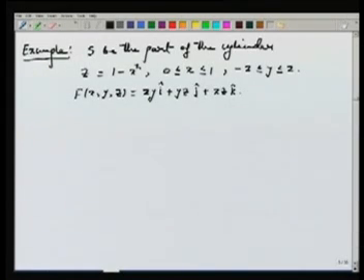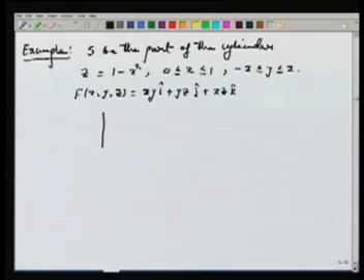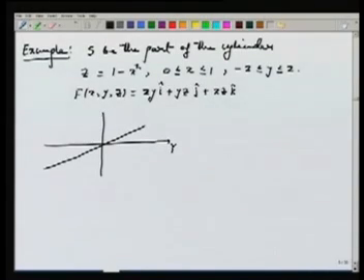Here first we have to understand what is the outward unit normal and hence the direction of the boundary of that surface. So we try to draw the surface first. This is the y axis, this is the x axis, let us say this is the z axis. Then the surface looks like this.